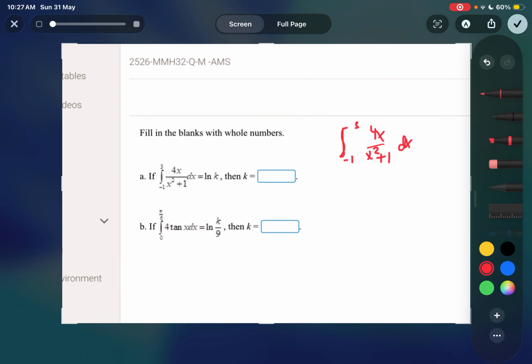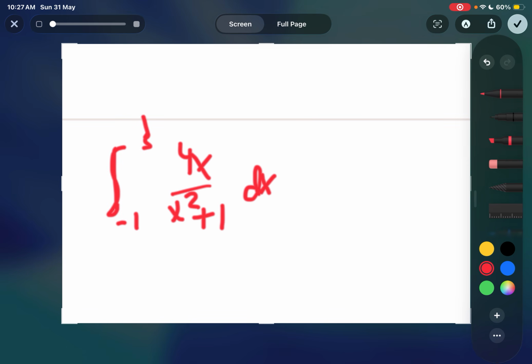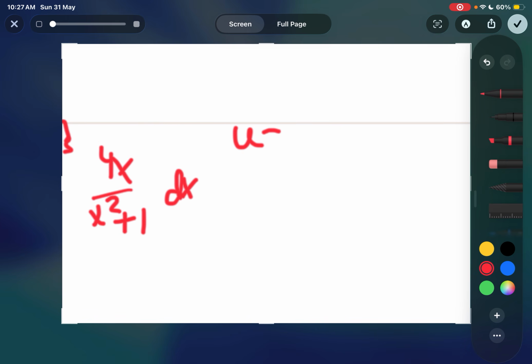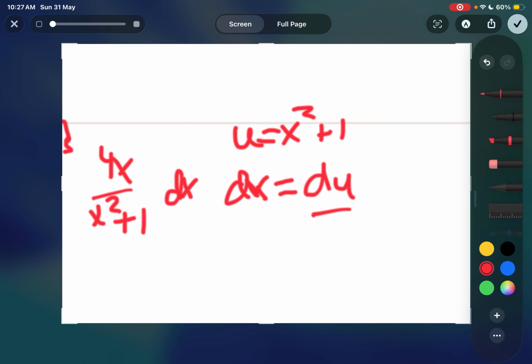Okay, now this one's a bit long. So first of all, you have to do u substitution. So you take u as x squared plus 1. Then you directly find dx, which is equal to du over the derivative of this, which is 2x.